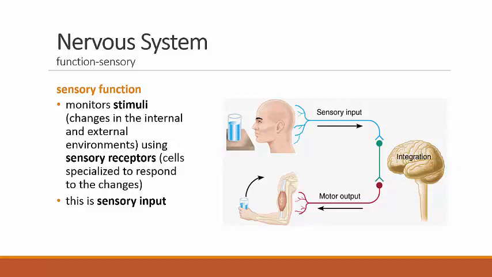These are either specialized cells or groups of cells or even organs that are capable of responding when they notice changes in the environment. And that environment, again, could be either the internal environment of the body or something out there in the external environment. We talk about the information that the sensory receptors communicate back to the brain and to the spinal cord as sensory input. It's bringing information in.